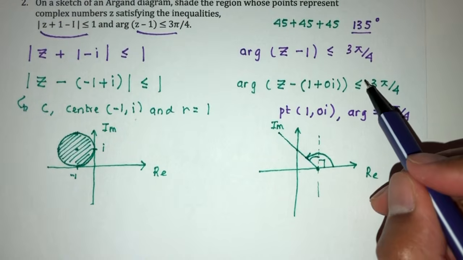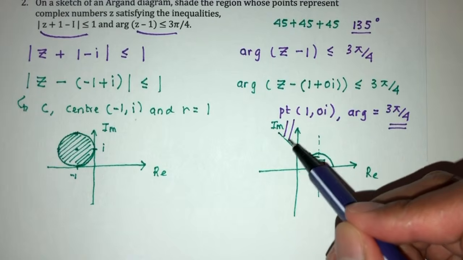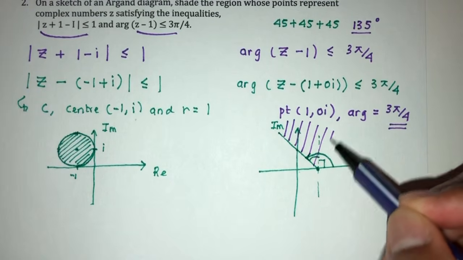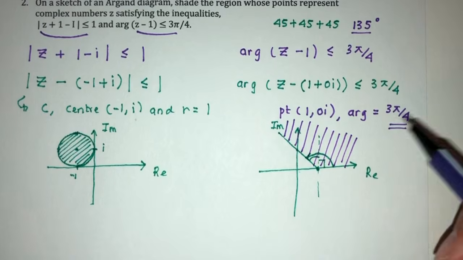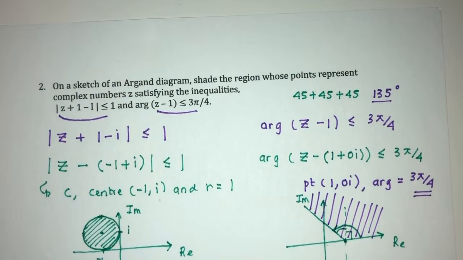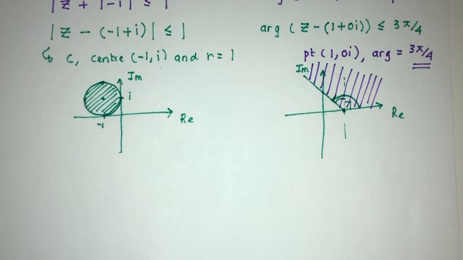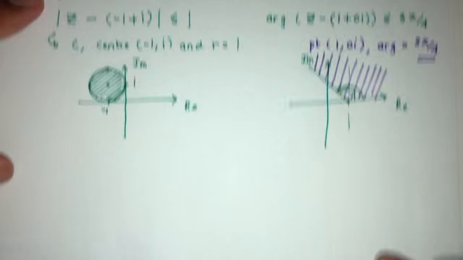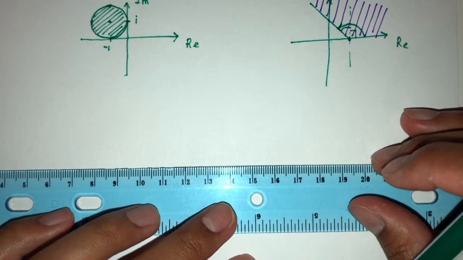Now the region has to be less than or equal to, which means it will be the whole of this. Now we have to combine those two. As you can see, it has to satisfy both. So combining those two, let's see what we have to shade. Let me try to draw this correctly now, just so you have an idea.